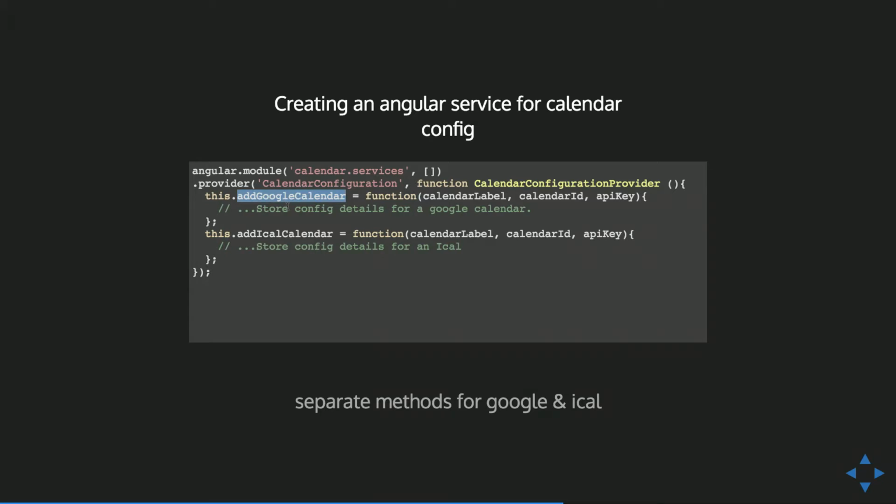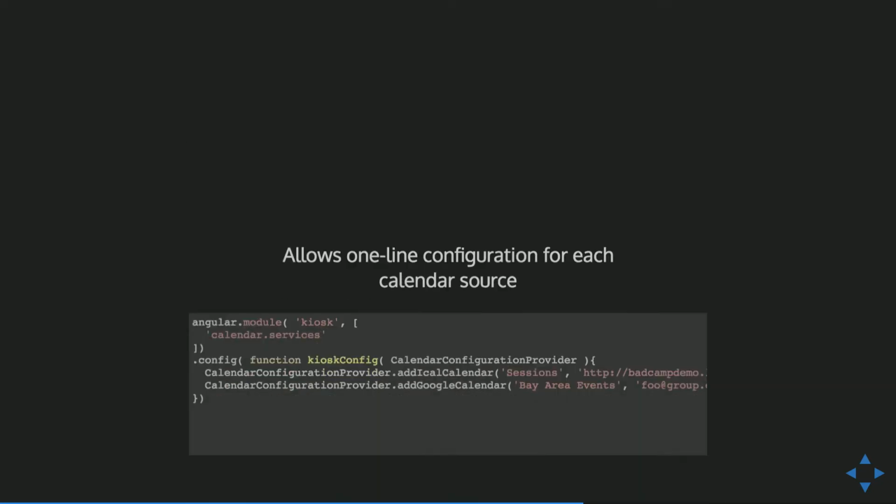I can highlight those. That's really nice because later I don't have to figure out after the fact what it was. I'm handling the data in nearly identical ways, but with the variations I need for each. Just note this is called calendar configuration, and Angular will express it as calendar configuration provider later on.